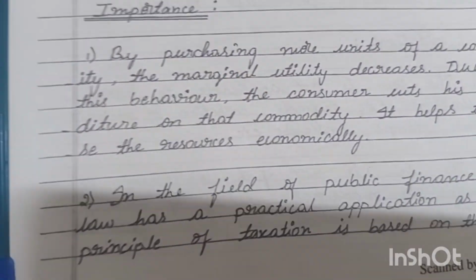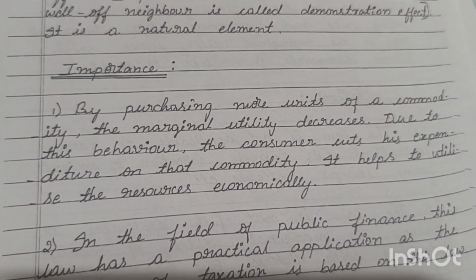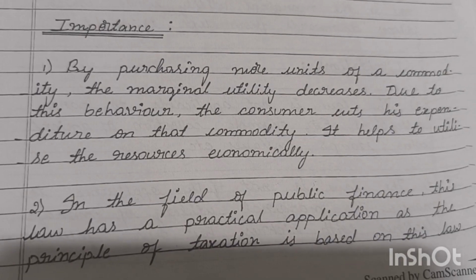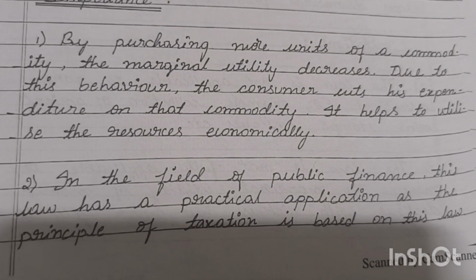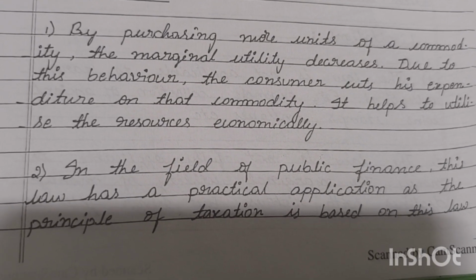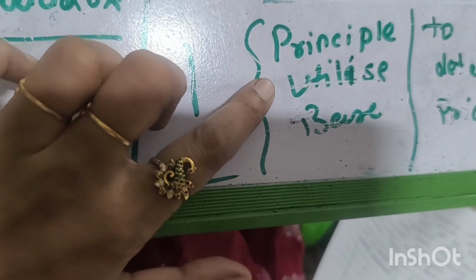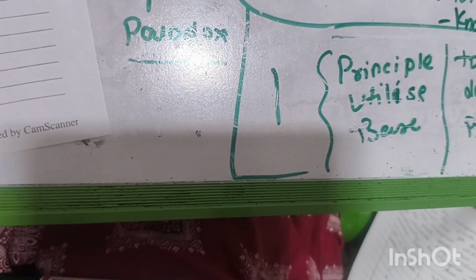And then next, the principle: by purchasing more units of the commodity, the marginal utility decreases. Due to this behavior, the consumer cuts his expenses. And this helps to utilize the resources economically. So you can use the term economy here.